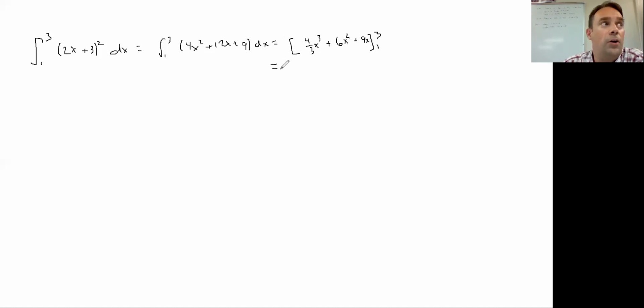And when you plug all your numbers in there, you get 4/3 times 3 cubed plus 6 times 3 squared minus 9 times 3, minus all these numbers evaluated at 1. So 4/3 times 1 cubed plus 6 times 1 squared minus 9 times 1.